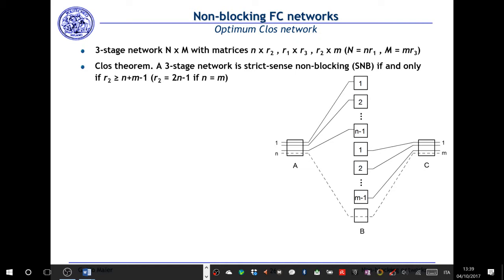So we have 1 degree of freedom, as in the case of Slepian-Duguid. We have to decide how we want small n, and to obtain the optimal value, we just calculate the derivative of this cost expression as a function of small n. And the result is that the best value of small n is the square root of capital N divided by 2. Okay, capital N divided by 2, yes.